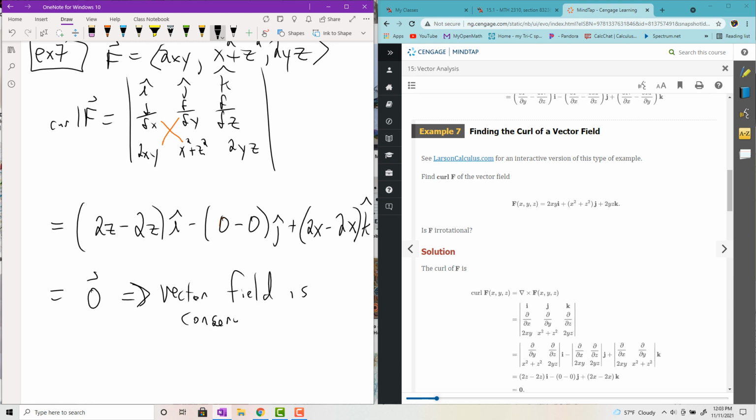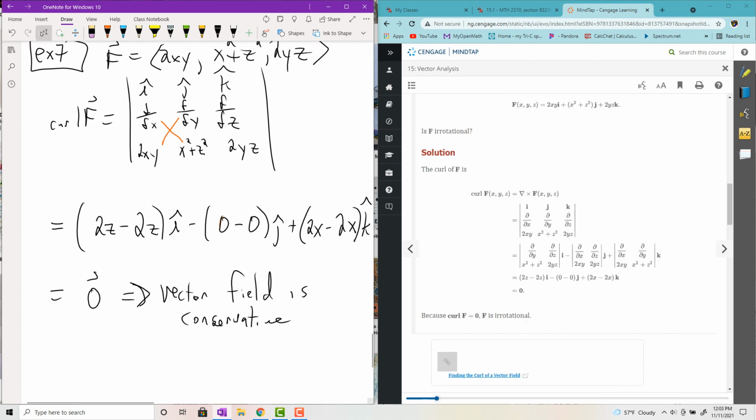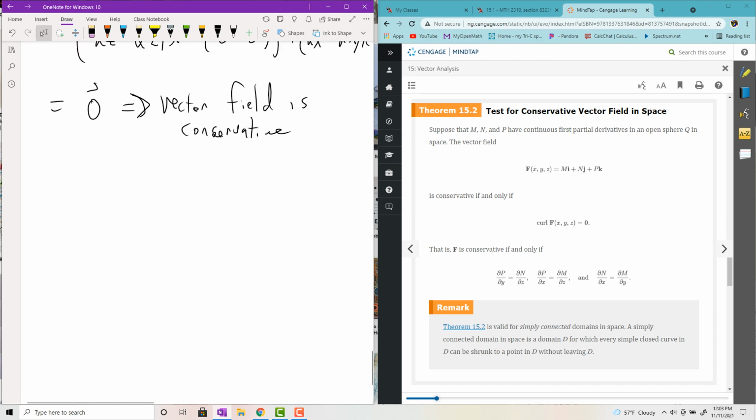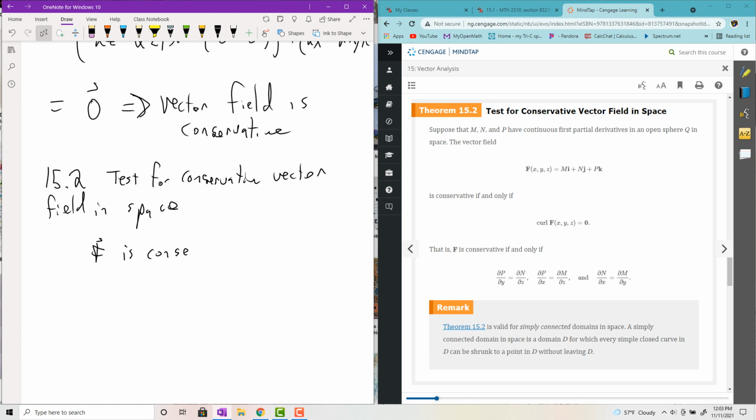Okay, so getting back to what we were talking about, we have theorem 15.2, which basically says F is conservative if and only if the curl of F is equal to the 0 vector.